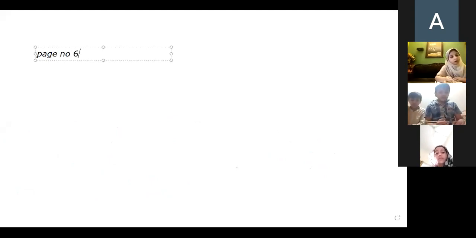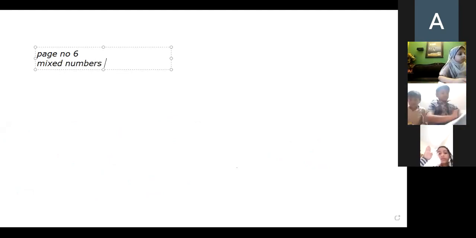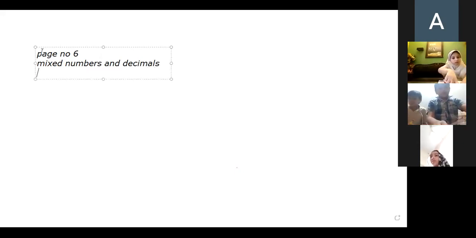On this page, we are going to learn about mixed numbers and decimals. First, we are going to learn what a mixed number is.